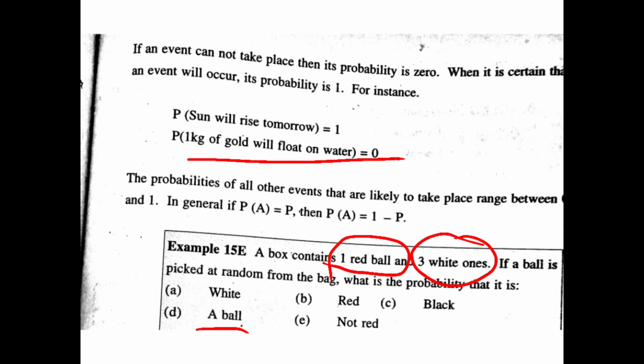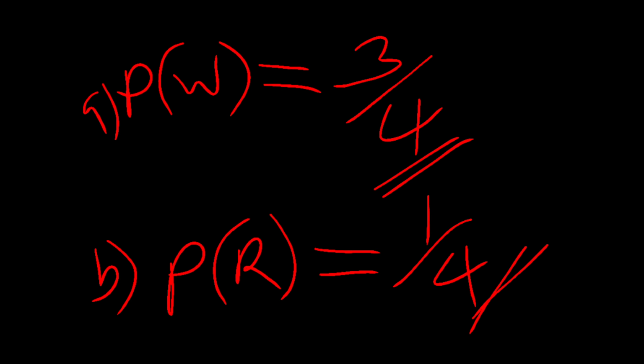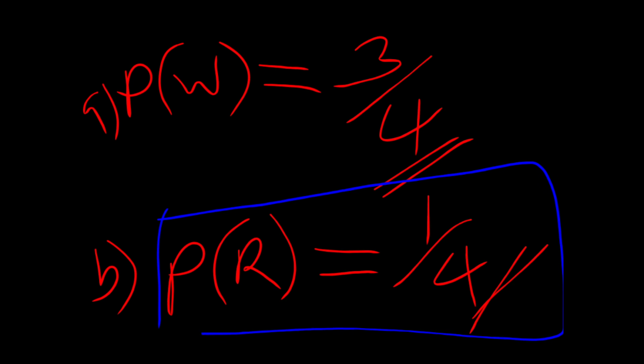What is the probability that it is not red? It's a very, very good question. What is the probability that it is not red? So meaning that we need to understand one thing. What is the probability of picking red? The probability of picking red is here, 1 over 4.